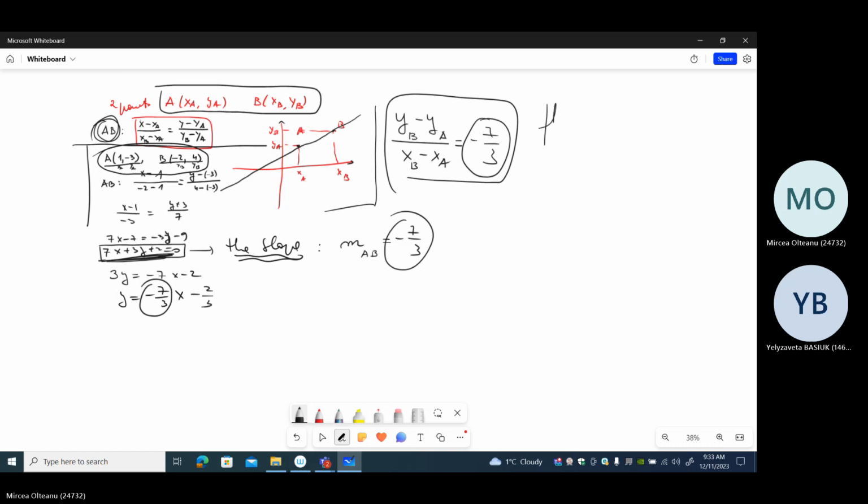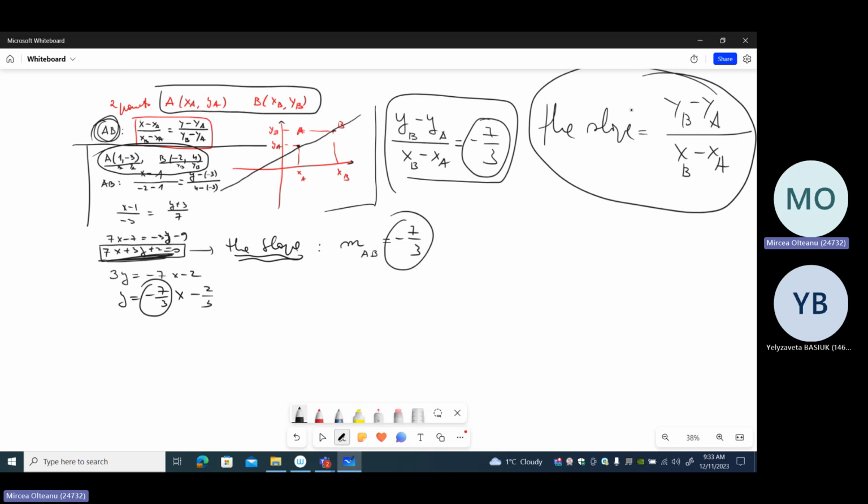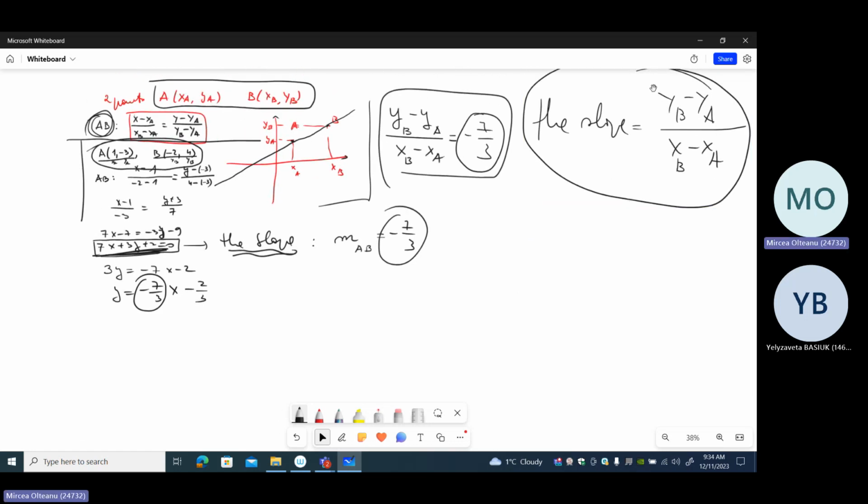So the slope of the straight line AB is given by this formula, which allows one to compute the slope of a straight line if we know 2 points on that straight line, but without computing first the equation of the straight line. Yes, you understand what I'm trying to say? Yes, we get directly the slope.